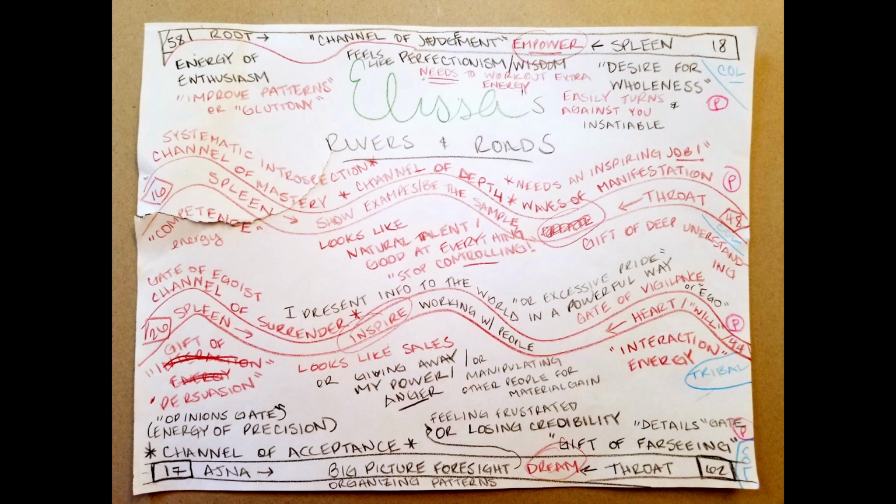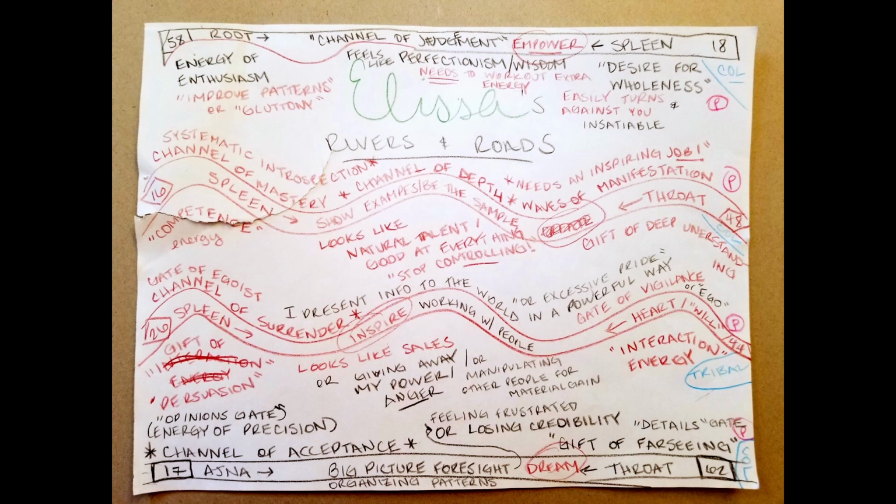My 58-18 channel connects my root to my spleen. It's called the channel of judgment. It feels like perfectionism and wisdom. It means I need to work out extra energy. It's a projected channel that should be used for the benefit of the collective.